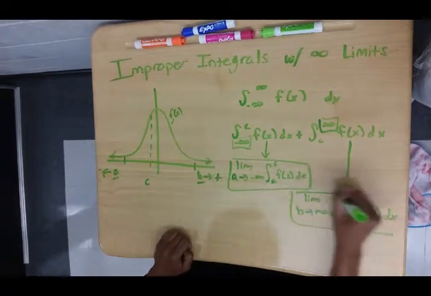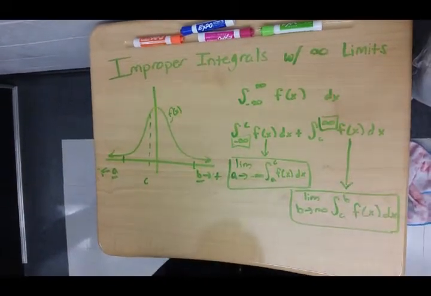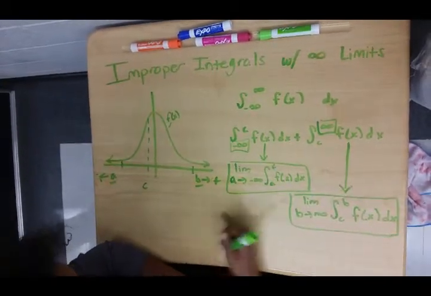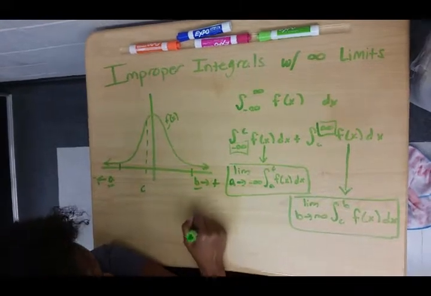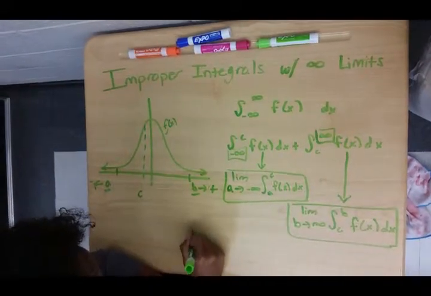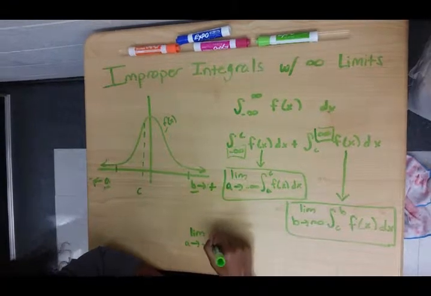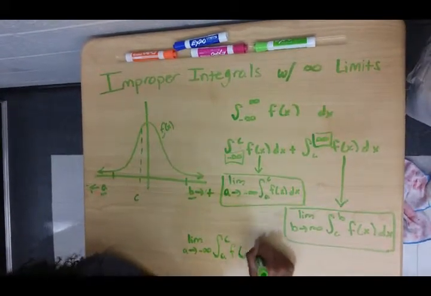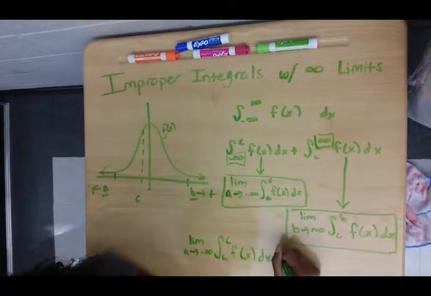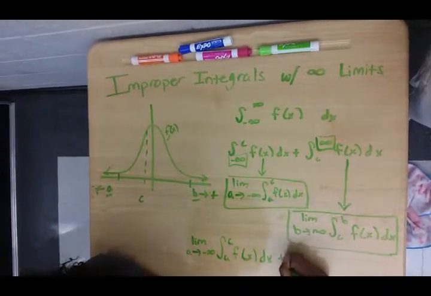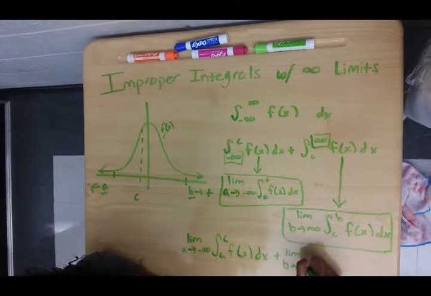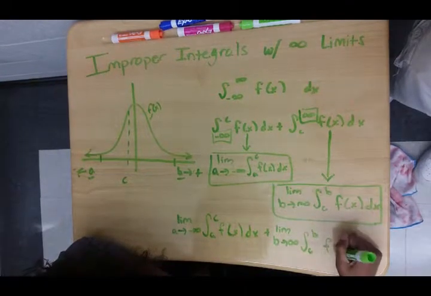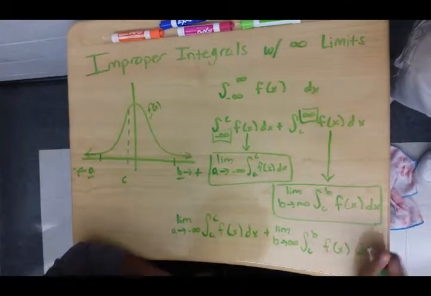So in order to get the total problem that we were doing, we just add them together like they did in these. So the total integral that you would do is the limit as a goes to negative infinity of the integral from a to c of f of x dx plus the limit as b goes to infinity of the integral from c to b of f of x dx.